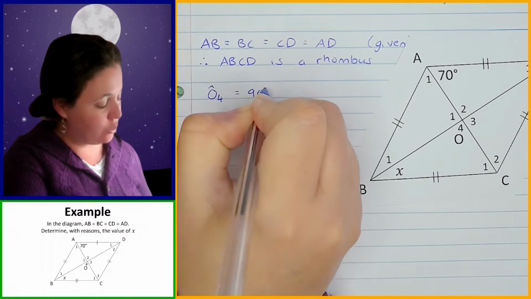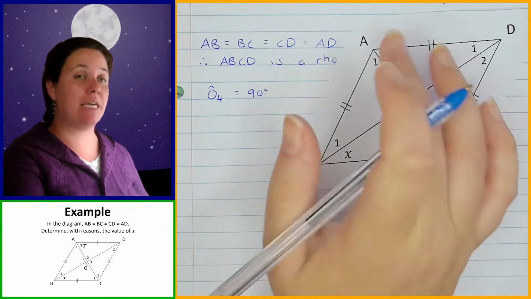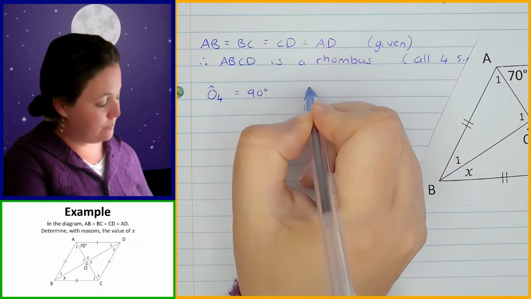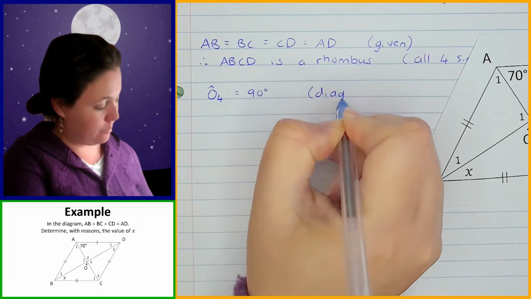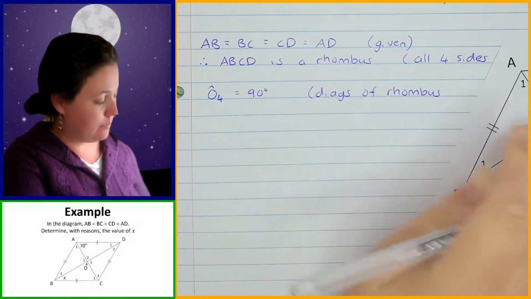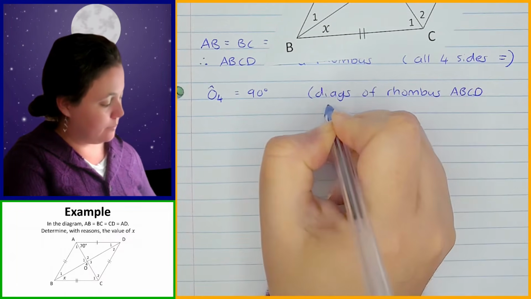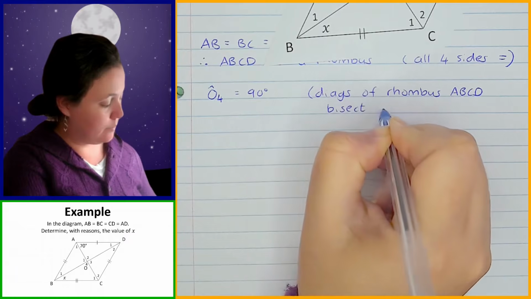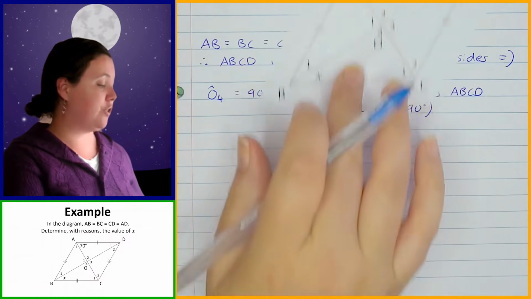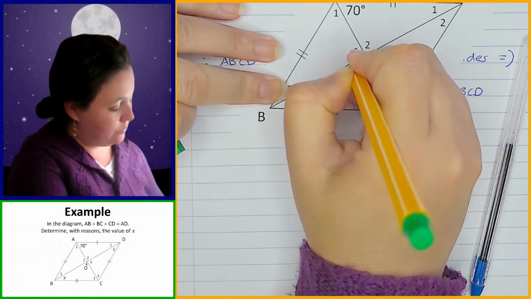It's a 90-degree angle, and the reason I know that is because this is a rhombus and the diagonals in a rhombus bisect each other at 90 degrees. Okay, so now I know that this angle over here is a right angle.